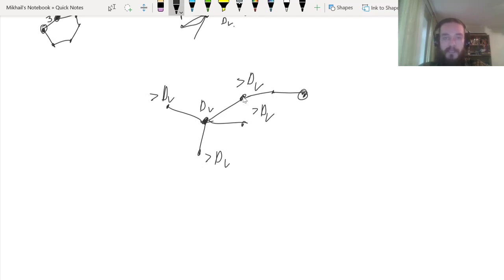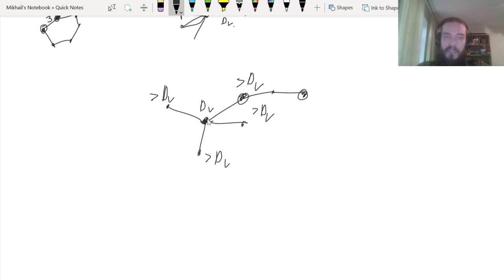If it's white, then it has a path to this white vertex, which again is shorter than dv. So this can never happen. If a vertex has all neighbors with distances larger than itself, then the answer is just not possible. Okay, so this case is ruled out.